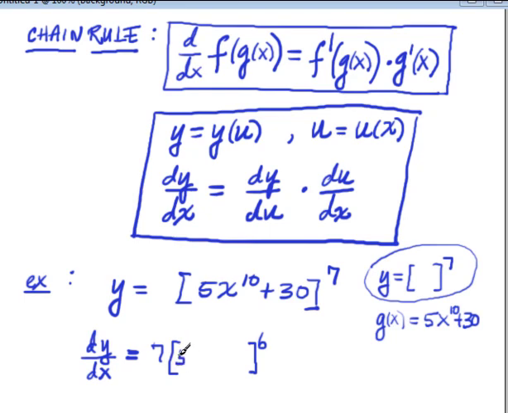So we just copy the inner function over right here, times the derivative of the inner function, g prime of x. Take the derivative of the inner function, put it right here. So that would be 50x to the 9th goes here. All right, so that's a simple application of the chain rule. That's our first chain rule problem. Let's do another one.